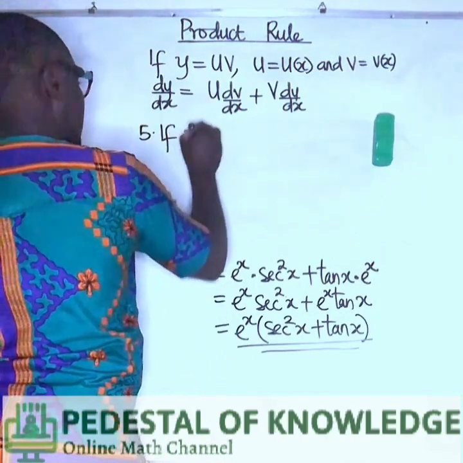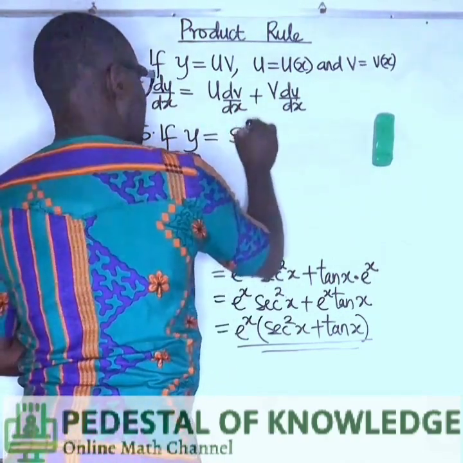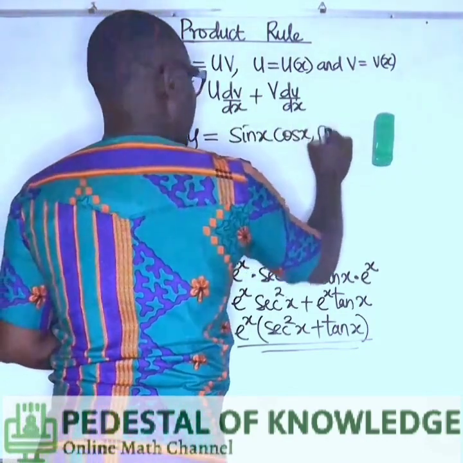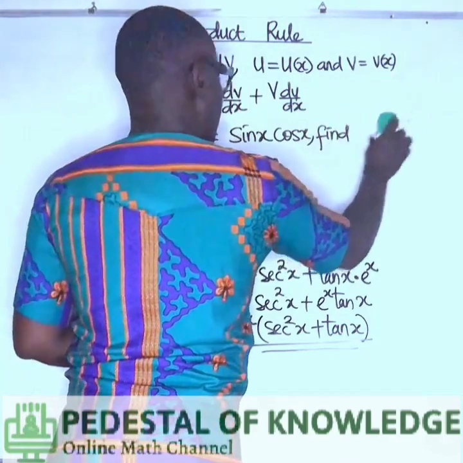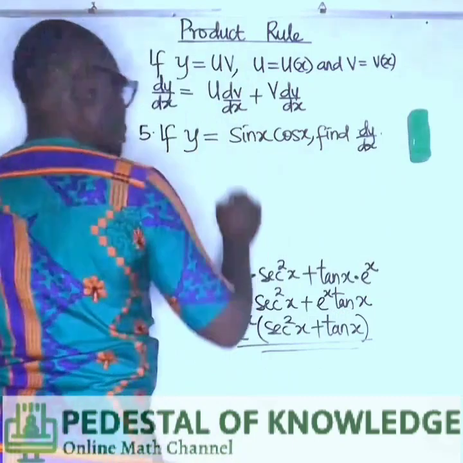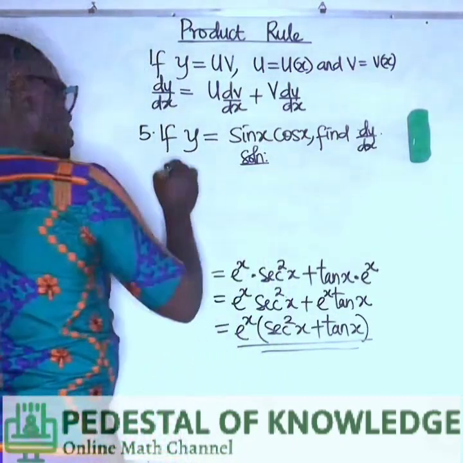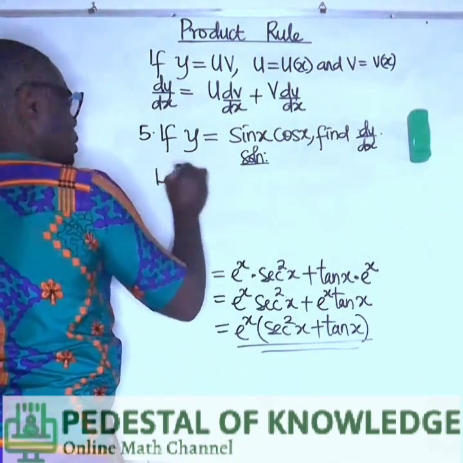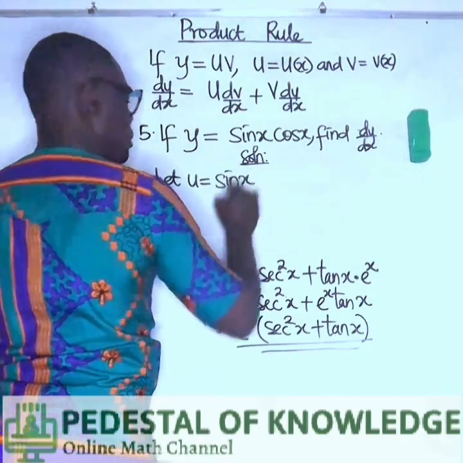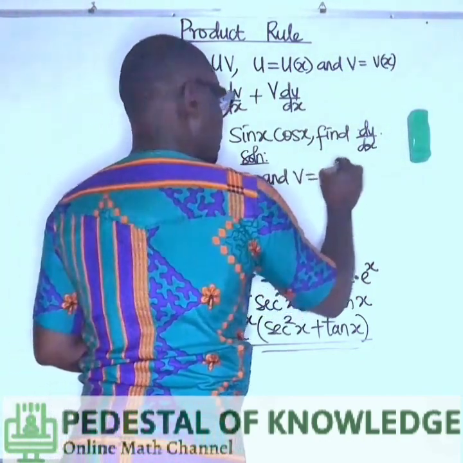If y is equal to maybe sine x cos x, find dy dx. Okay, let u be sine x and v be cos x.